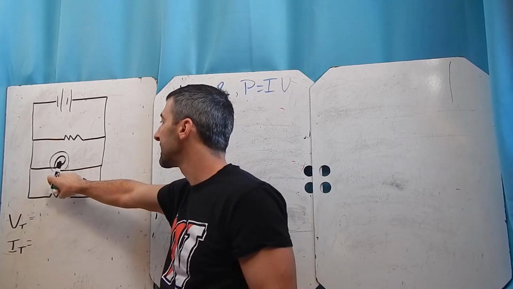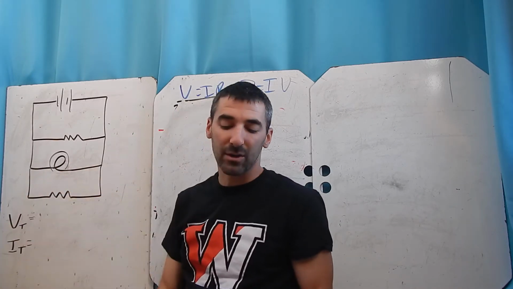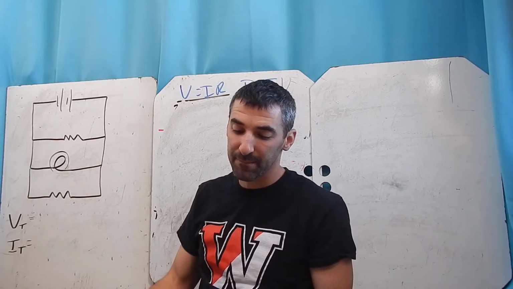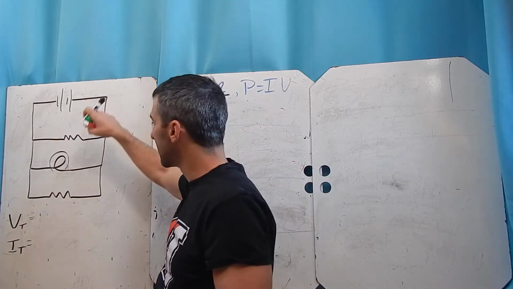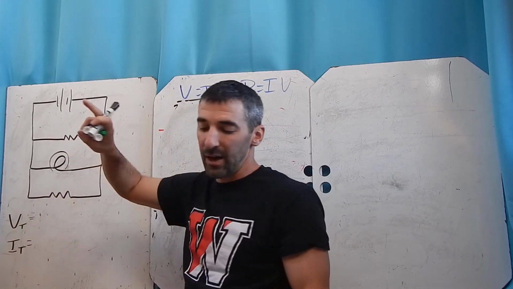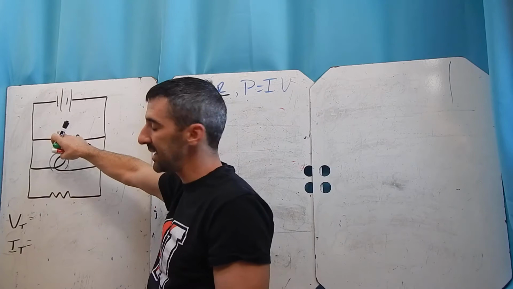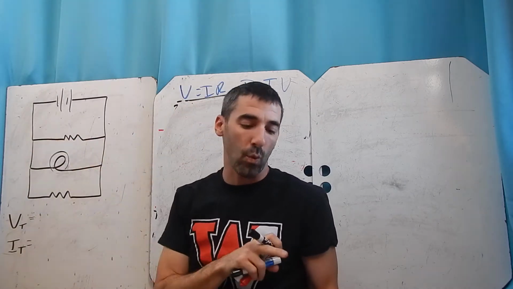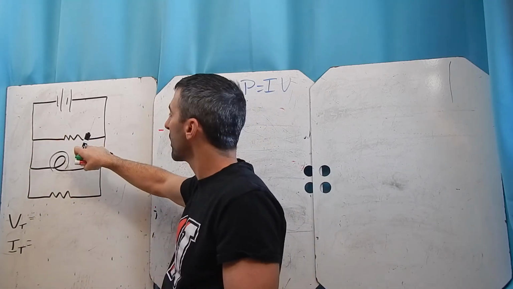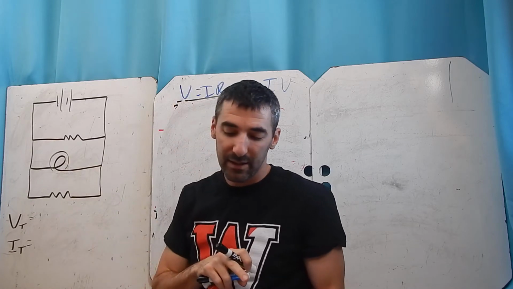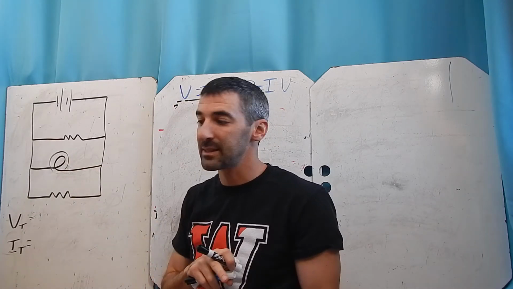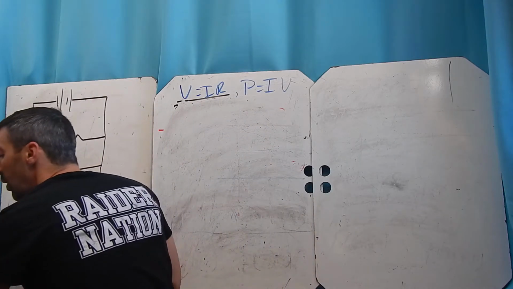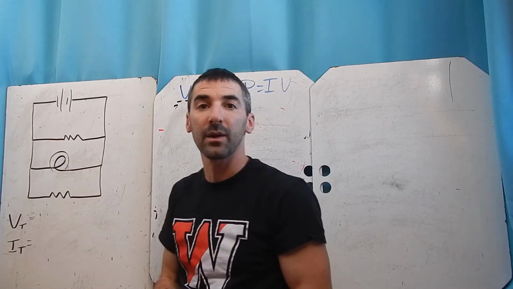In the other resistor, I know this has a current of 0.61 amps, and it has a power of 3.37 watts.